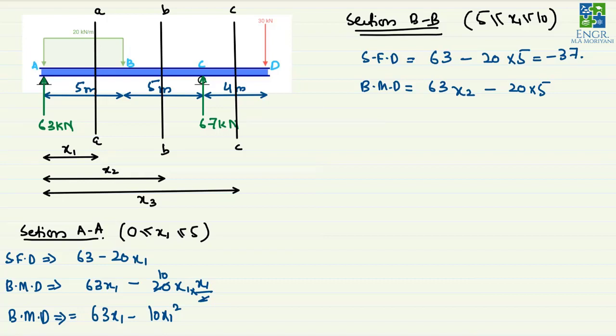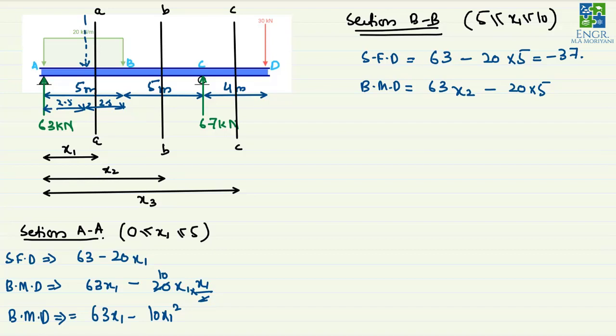We have to multiply this by the moment arm. Now you know that this uniformly distributed load will act exactly at the middle. This will be 2.5 meter up to this point, and 2.5 meter up to this point, because it is exactly at the middle. Now we have to find out the distance from the point of application of the force to the point at which we are calculating the moment.